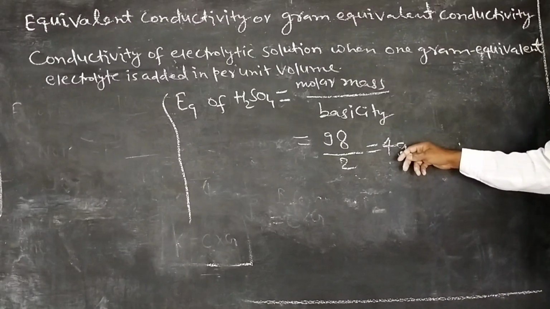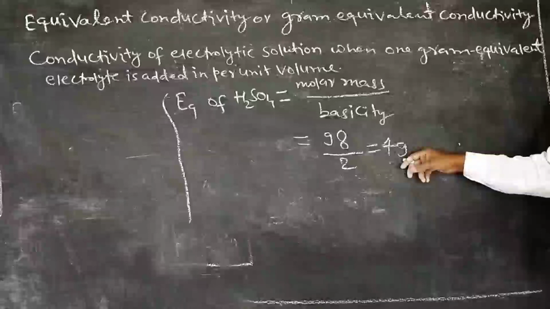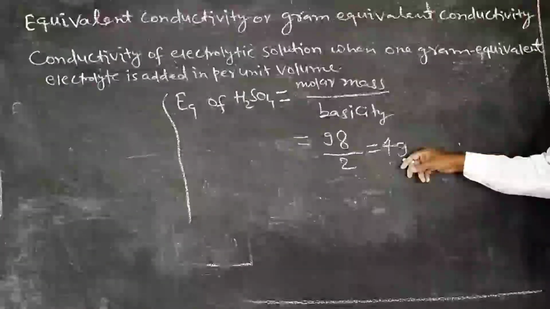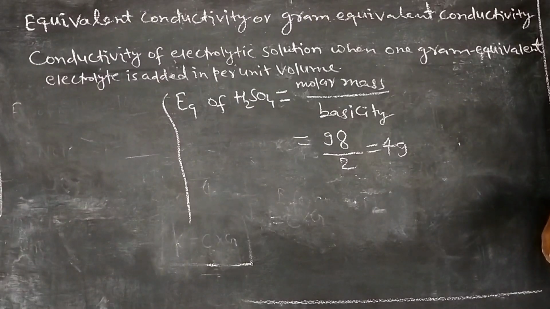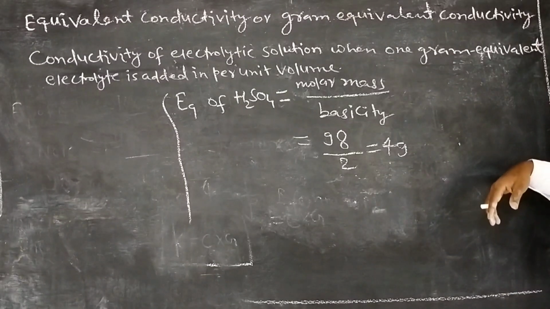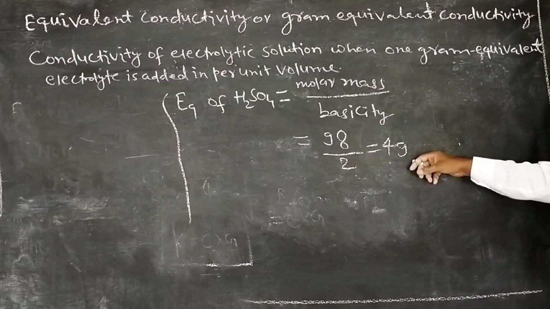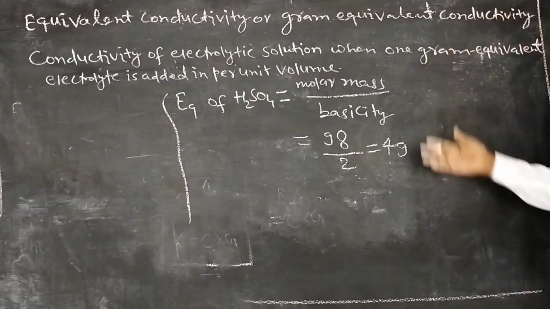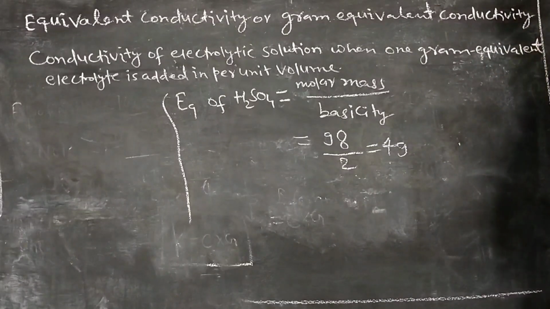If it is multiplied by 4, that is 196 gram, then 196 means 4 times 49. It means 4 gram equivalent of sulfuric acid is used.